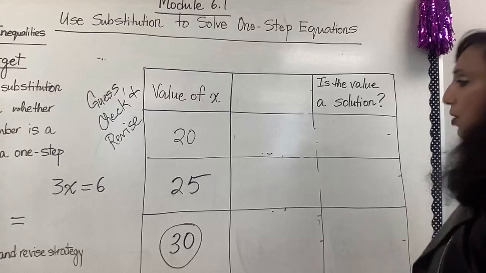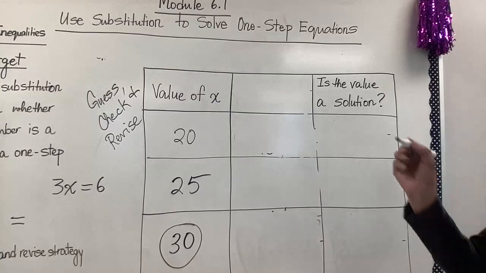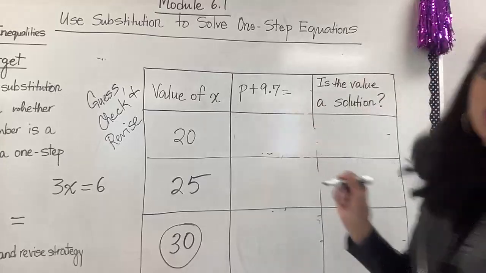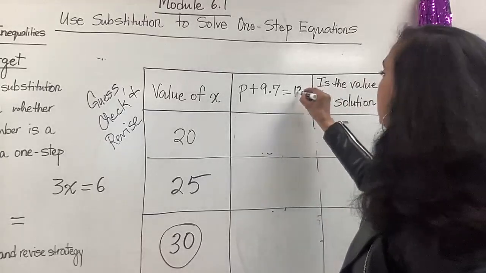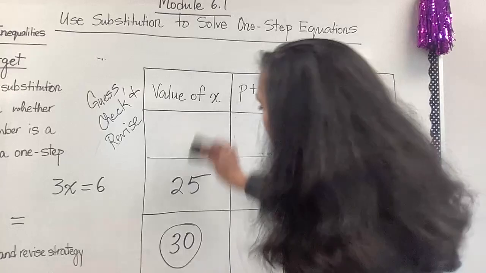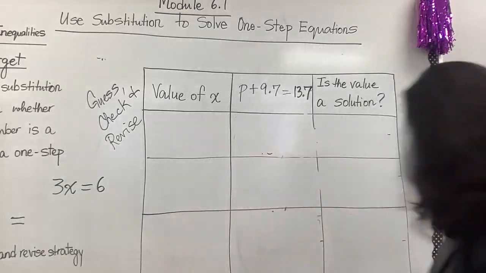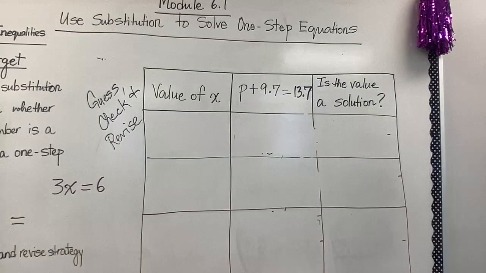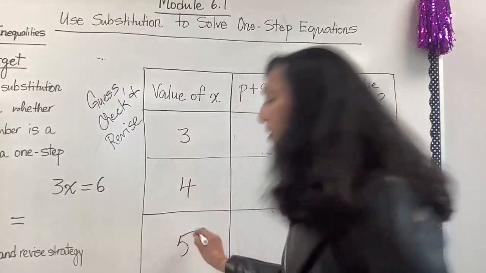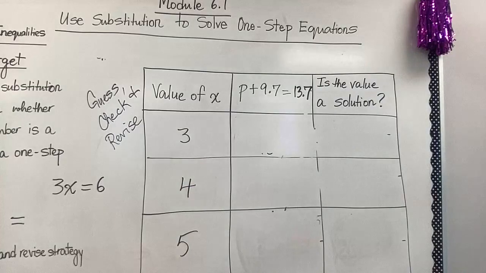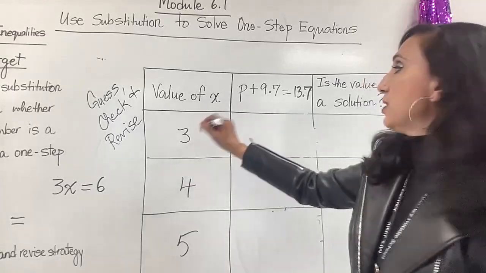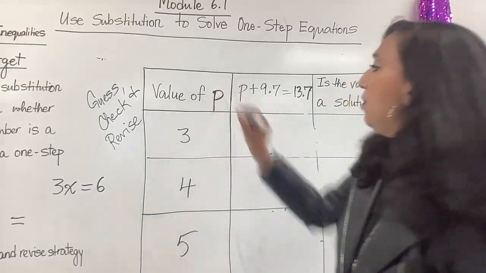We have a new equation: p plus 9 and 7/10 should equal 13 and 7/10. And so now we are given some values of p. All right. So it's saying if p is 3, is it 4, or is it 5? Okay, so instead of p, I'm going to use 3. So we are going to do the first value.